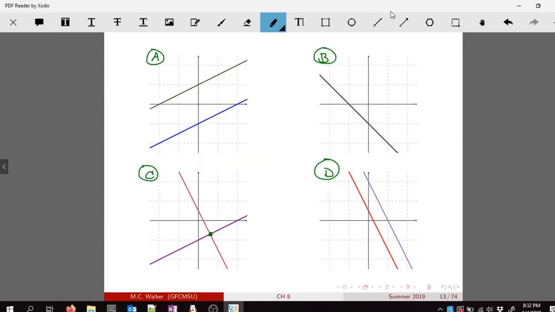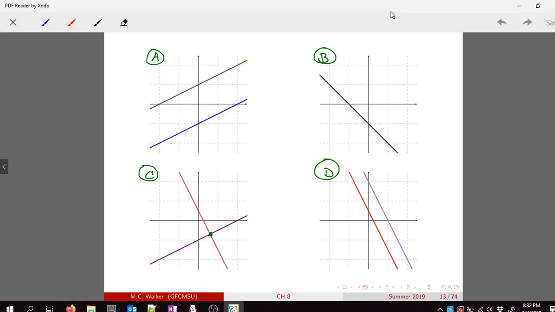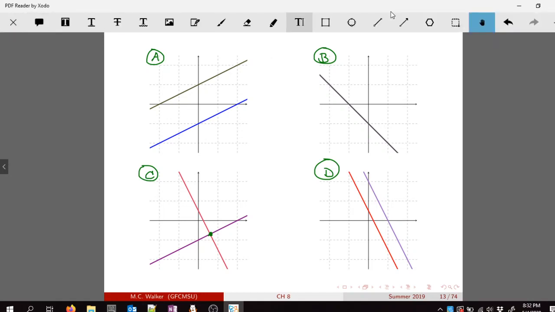System A right here, we have two lines, but they're parallel. So this is independent. But there's no solution, so they're inconsistent.